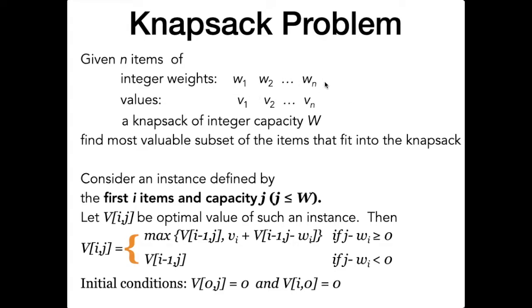So, bakit kaya 2 raised to n? Because I can have 0 or 1 representation for each of the n items, 0 if hindi ko siya kukunin, 1 if kukunin ko siya.